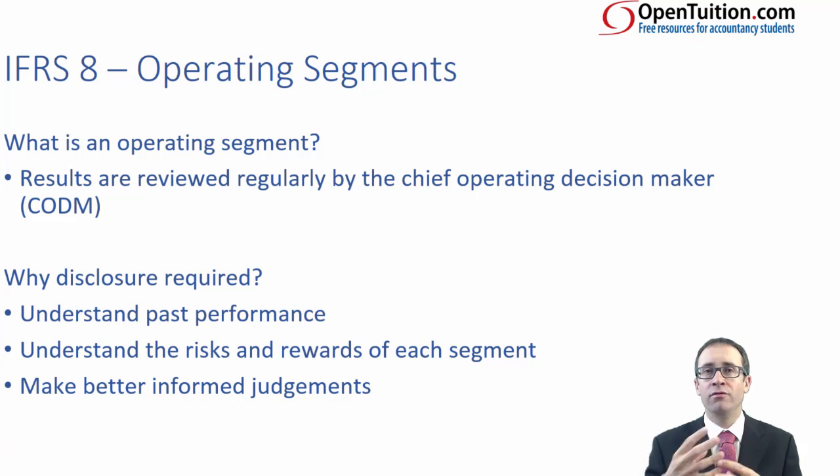And because you know the level of risk and the reward, you can help yourself to make better judgments with regards to your investment within the overall group, can't we? Okay, so it's important to understand what an operating segment is and also why the disclosure is required. It helps the user make better judgments going forward into the future, doesn't it? It gives you that internal view of how the business is operating.